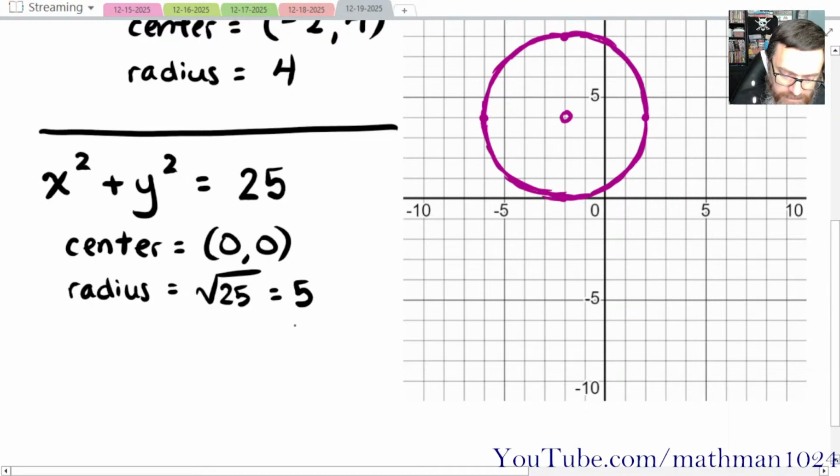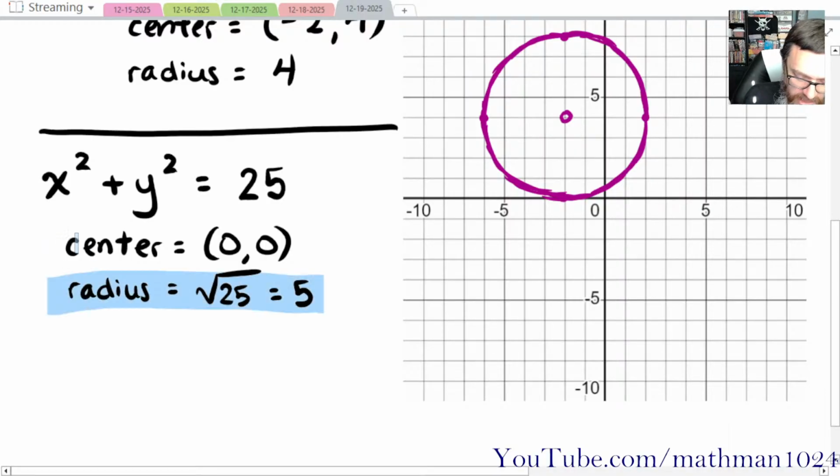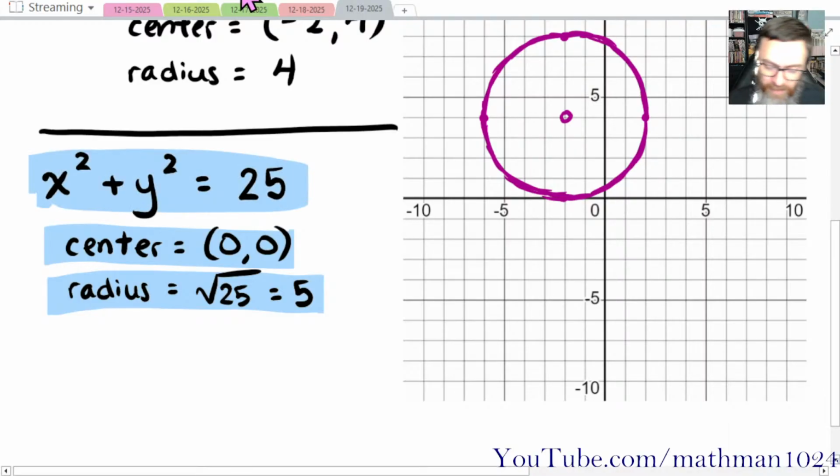So, tell you what, I'm just going to draw it on the same graph. I'm going to do this guy all in blue so you can see the difference here. So my center is here at the origin. I'm going 5 units up, down, left, and right. And I just have to connect the dots. So how bad can that possibly be?